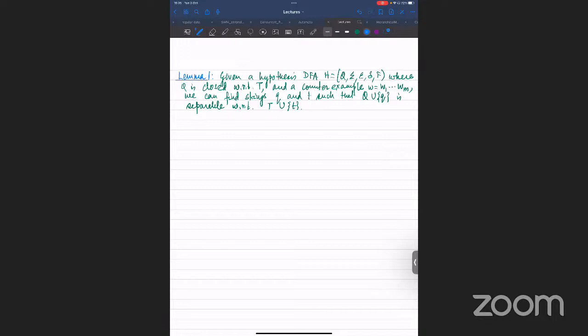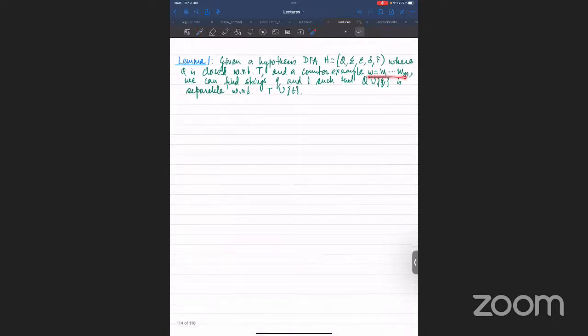The learner asks the teacher whether this is the DFA I'm looking for. If it is indeed the case, if it is yes, the procedure ends and you have a DFA with you. If it is not the case, then what does the teacher do? The teacher provides you a counter example. Suppose this is how a counter example looks like.